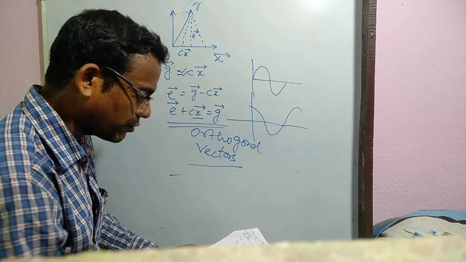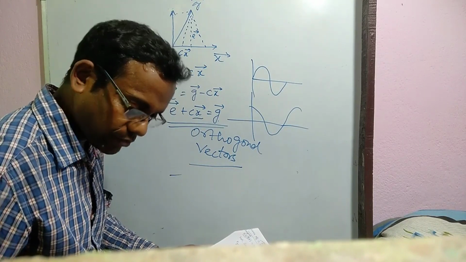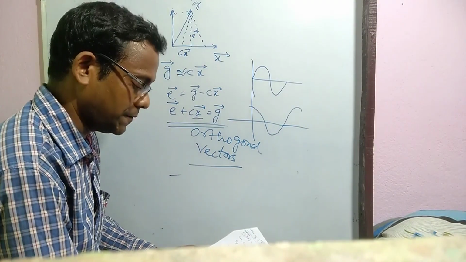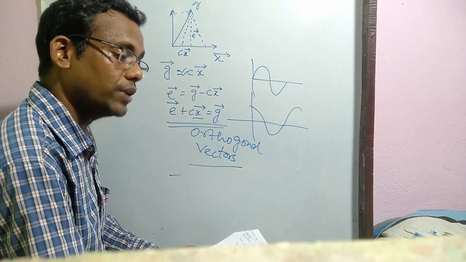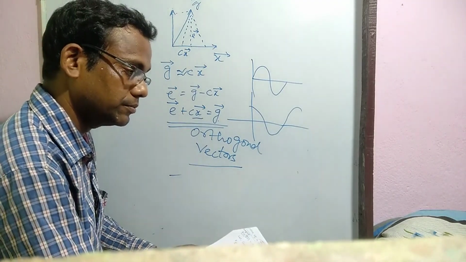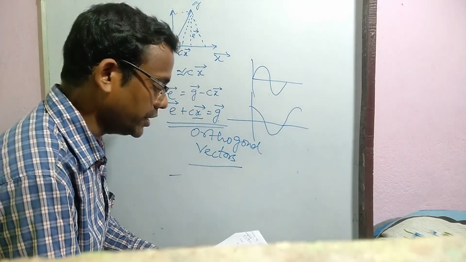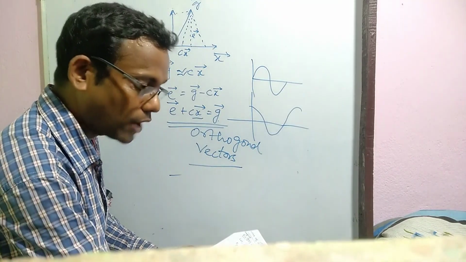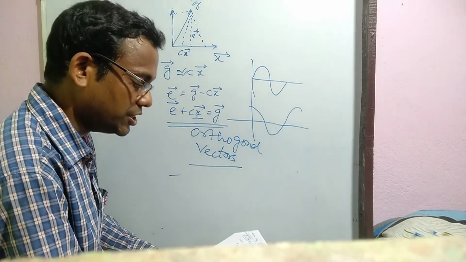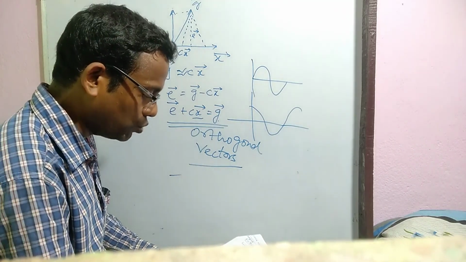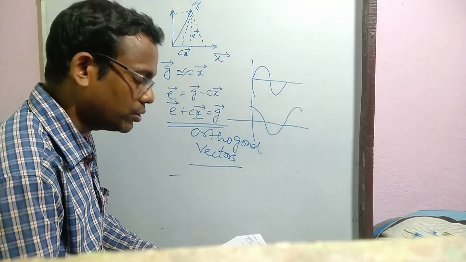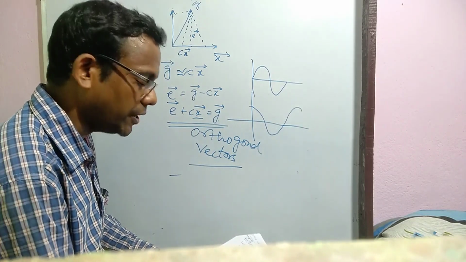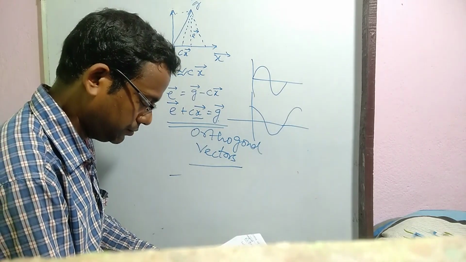So here we find an interesting thing: whenever you are dealing with a very complex periodic signal and you are going to calculate its power, if you cannot calculate using the formula that power is the limit as T tends to infinity of 1 by T times the integral of g square t dt, then you can calculate the Fourier coefficients, and from the Fourier coefficients directly you can get the power of the signal.